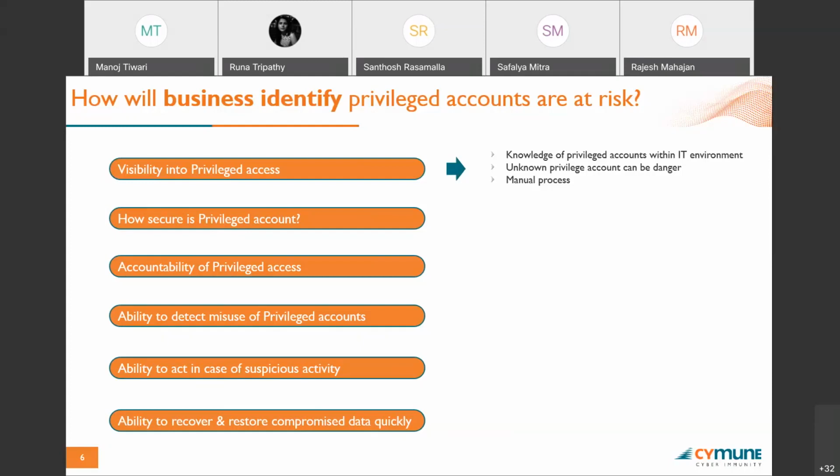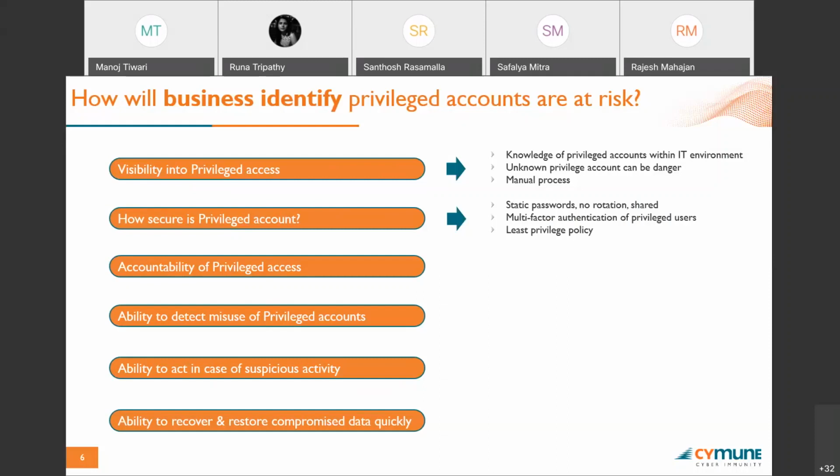And then you have to see how secure your privileged accounts are. Whether your privileged account passwords are static, or whether they are rotated often or periodically. These are some of the questions we have to ask. And also you have to check whether you have multi-factor authentication against all these privileged accounts, right?